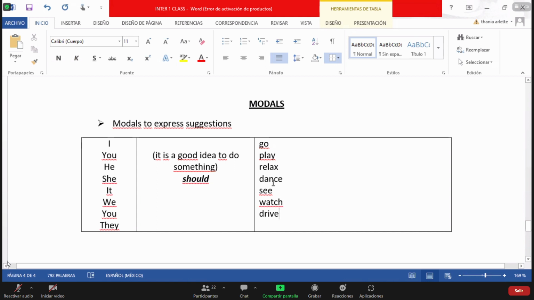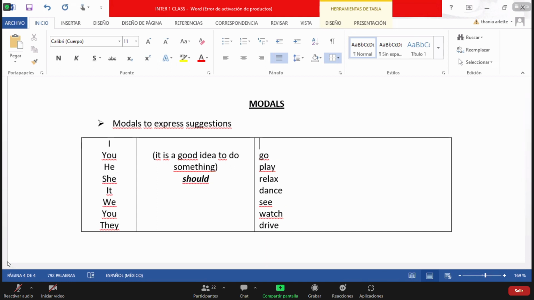I think that's enough. So this verb is not going to have a conjugation. You are not going to say goes. Teacher, but if in the sentence I have a third person, if I say she should, is it possible to say goes? No, this is not possible because remember the verb is always in infinitive form.